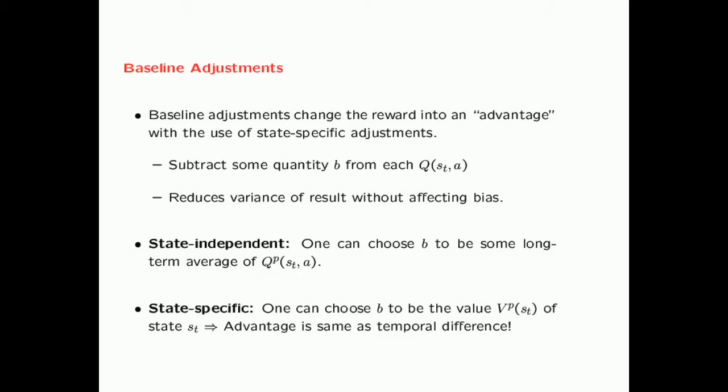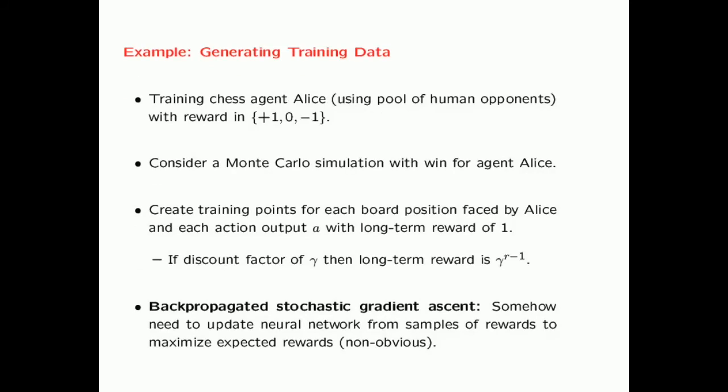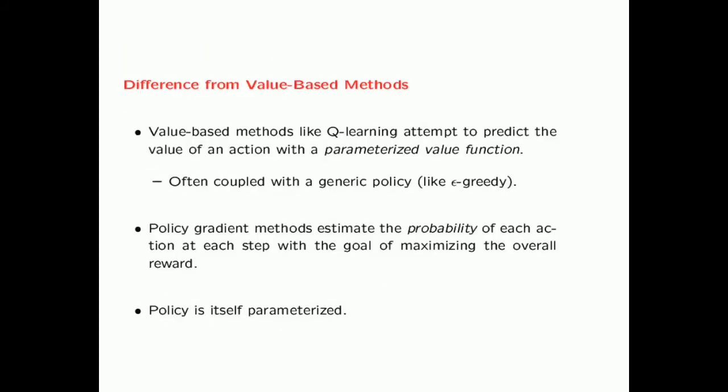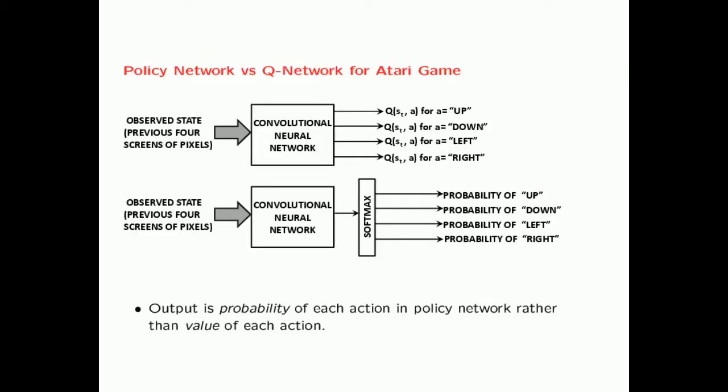Now, there is another form of the baseline adjustment which is more principled, where one can choose the baseline to be specific to that input state. So let me go back to the neural network. Here, what you can do, let's say that at a particular state, there were certain probabilities for various actions. And let's say you sampled up.